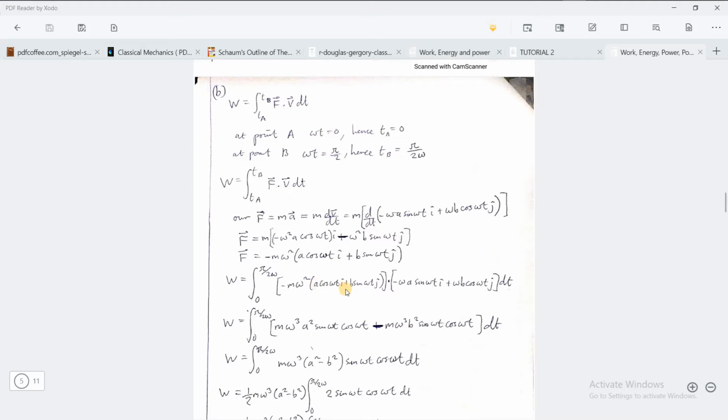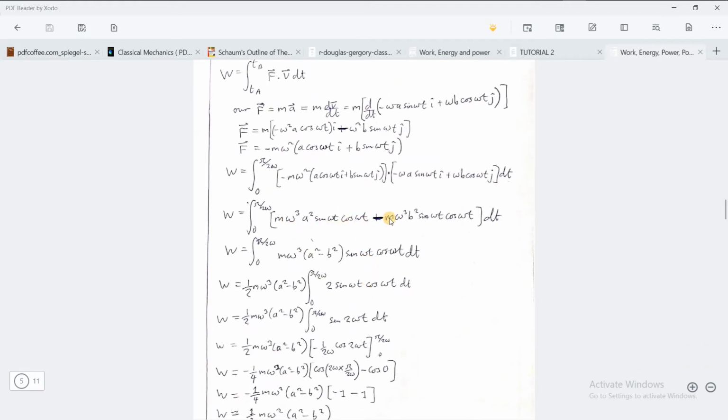We know how to do the dot product: you take the terms in i and dot them with the terms in i in the other part, and the terms in j with the terms in j. Dotting these, we get this expression.